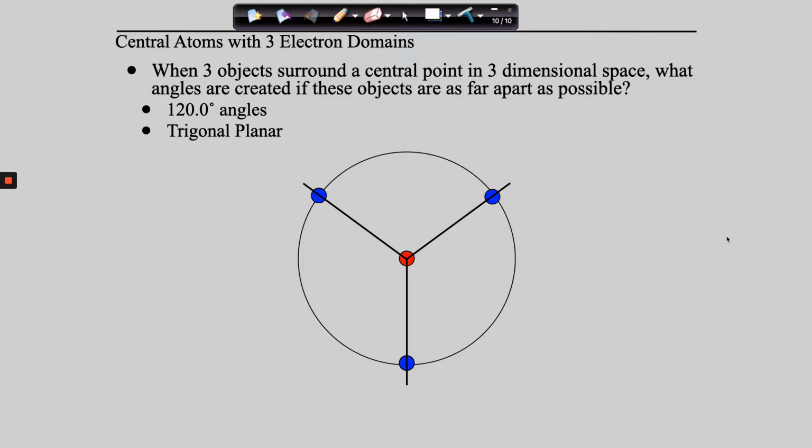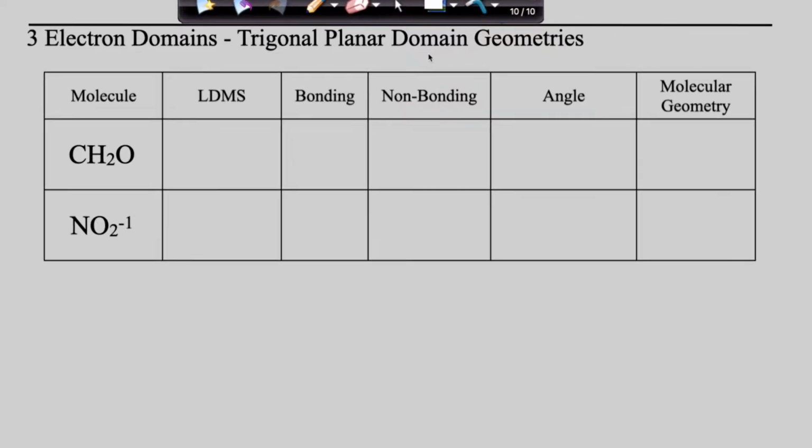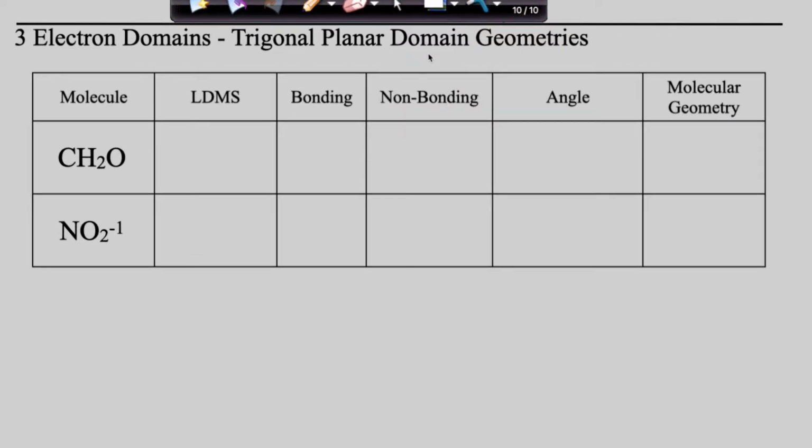So now, guys, switching to our table, we're going to look at these 2 examples. CH2O is the very first molecule that we did in today's homework. There's a method to our madness. And then, guys, NO2 ion, we've actually done twice now.